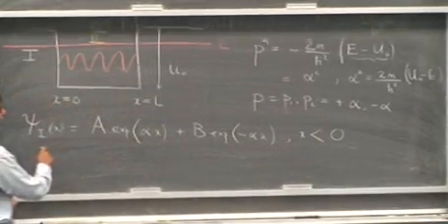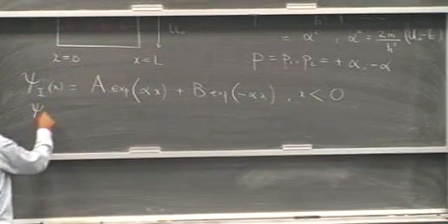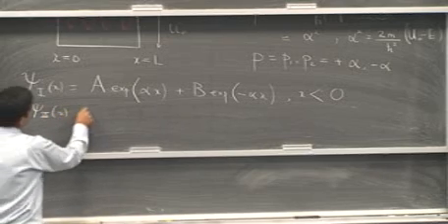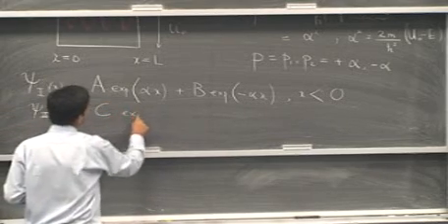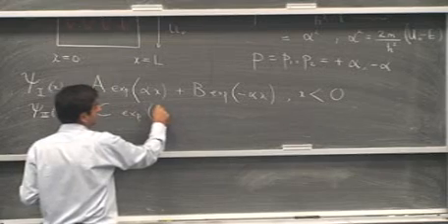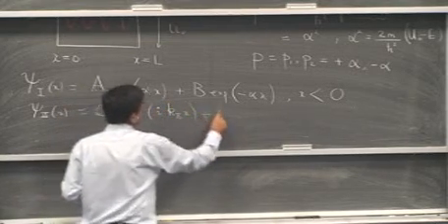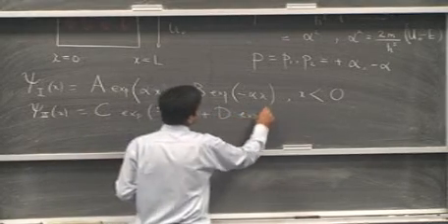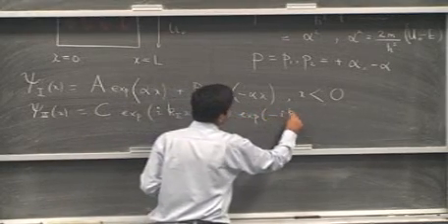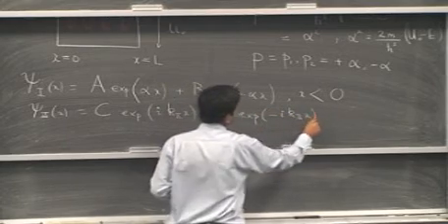Let's write all the solutions together. In region number 2, which is the well, our solution is c exponent iota k2 x plus d exponent minus iota k2 x.